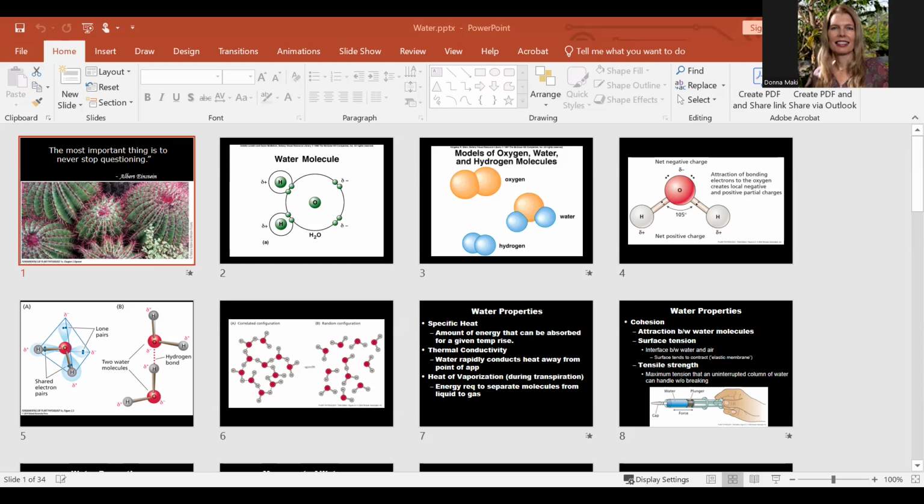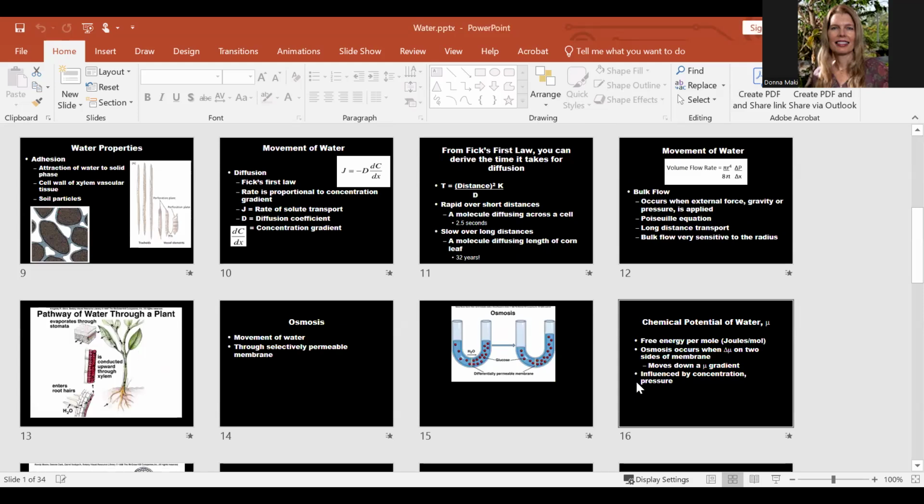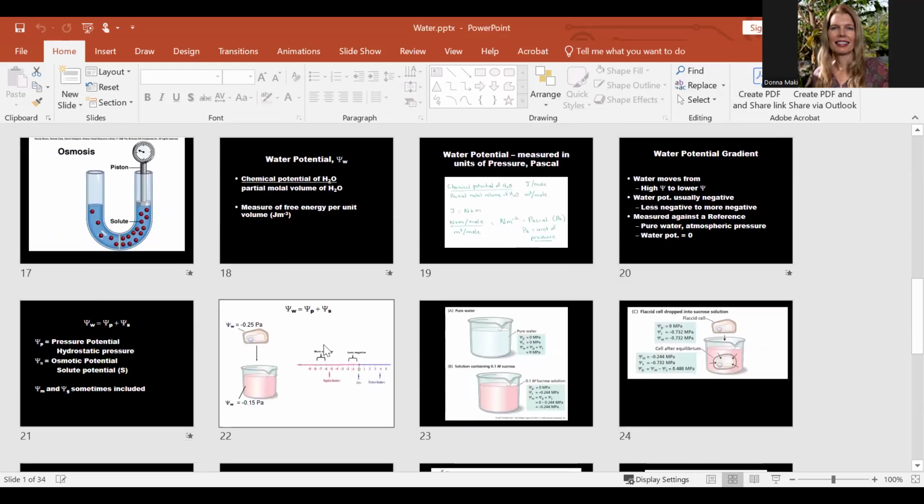So the first topic is water potential. Knowing the water potential equation, just being able to write that out and doing that correctly, that's important. And then you have to think about how each portion of the water potential equation, what's going on with each one.